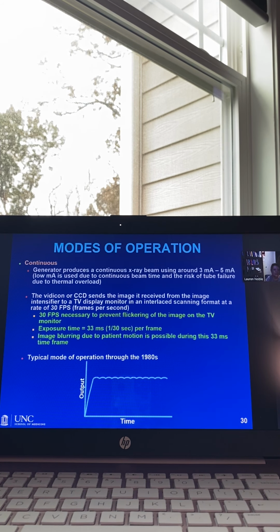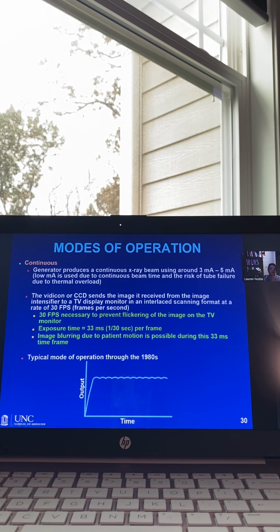Now, it takes about 33 milliseconds for a frame to be scanned, and we'll get to this. 33 milliseconds is a long time for a single image.